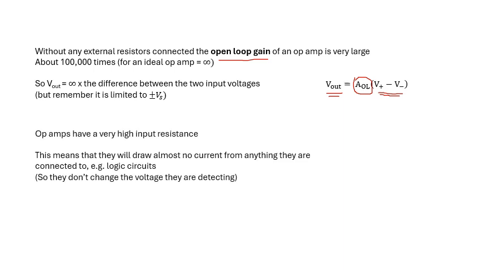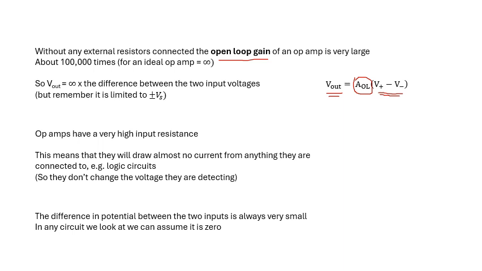Op-amps have a very high input resistance, a bit like our MOSFETs. That means that they draw almost no current from anything that they're connected to, for example, some kind of a logic gate. Okay, they don't change the voltage that they are detecting.